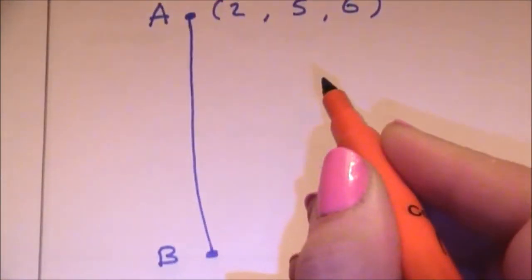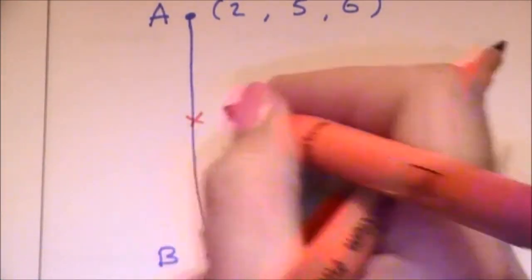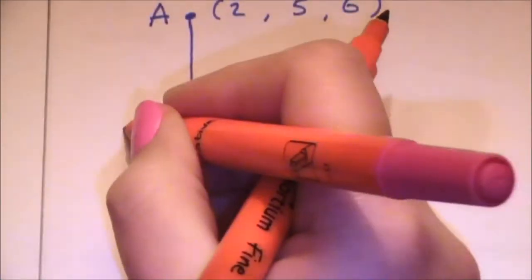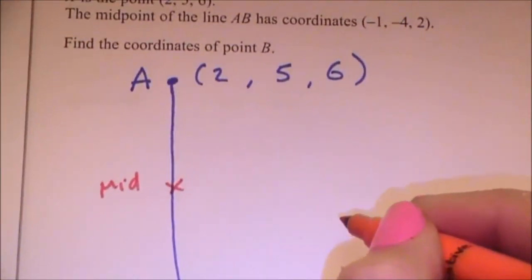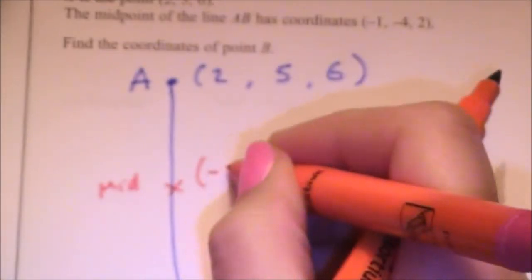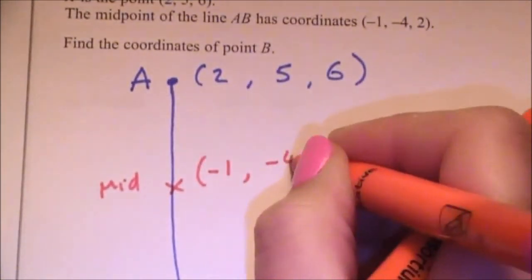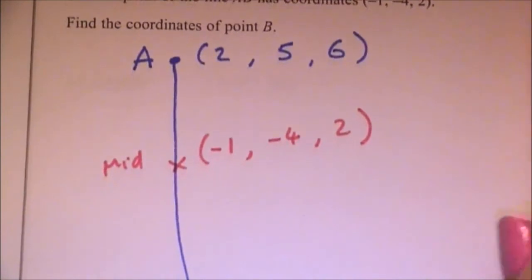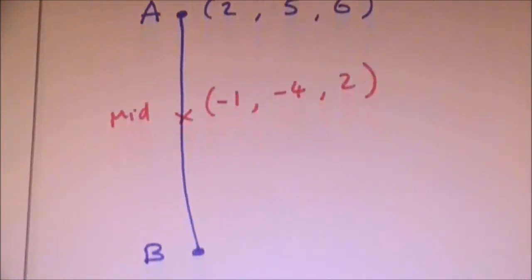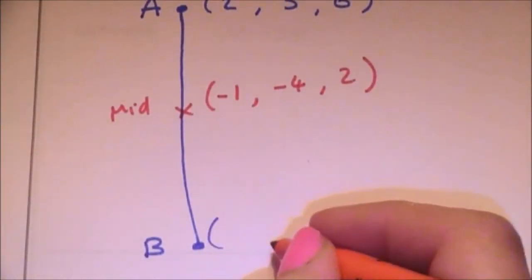They've given me that the midpoint, and keep in mind that this would be the midpoint, is -1, -4, 2. And they want me to find the coordinates of this point.